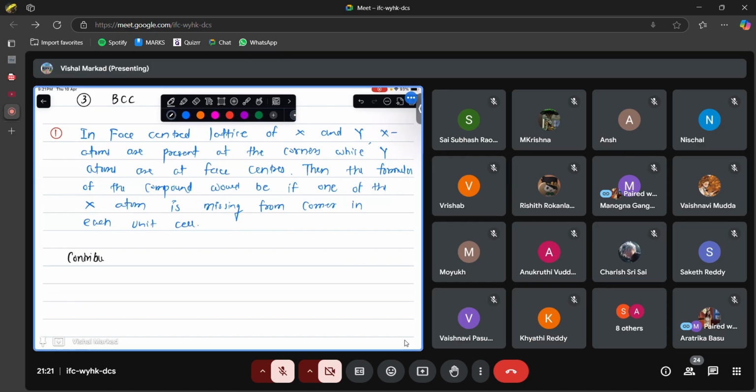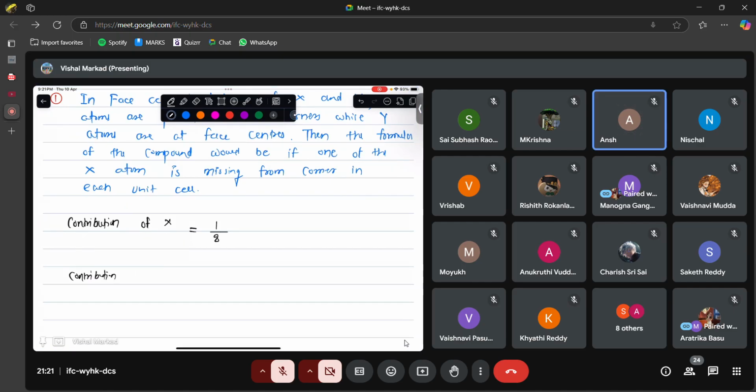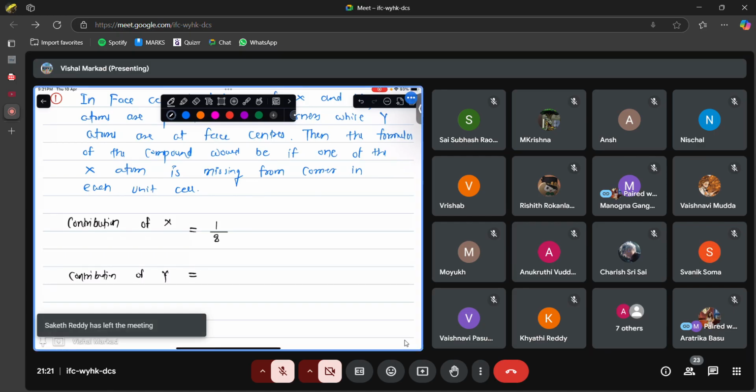So we'll write down the contribution of X. Each corner contributes 1/8. What have they mentioned? X atoms are present at corners while Y atoms are at face centers. What is the contribution of Y? Half, since it is present on the faces.